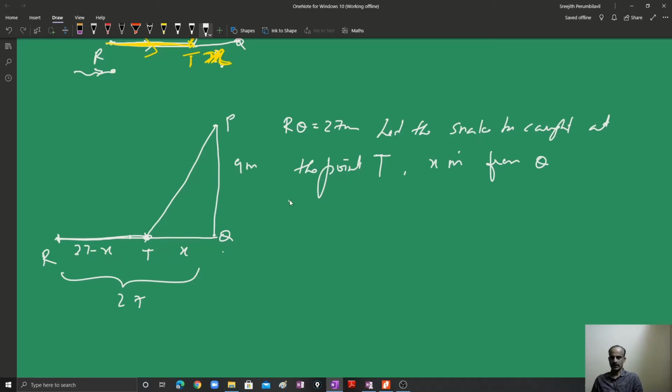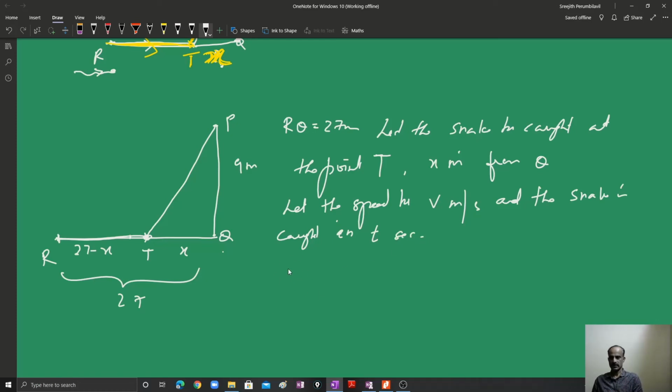Now the peacock and the snake are traveling at the same speed. Let the speed be v meter per second, and the snake is caught after t seconds.